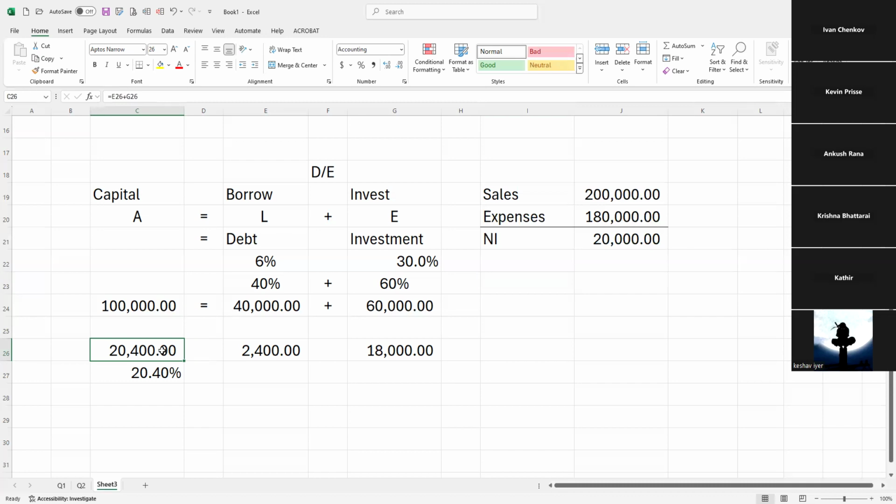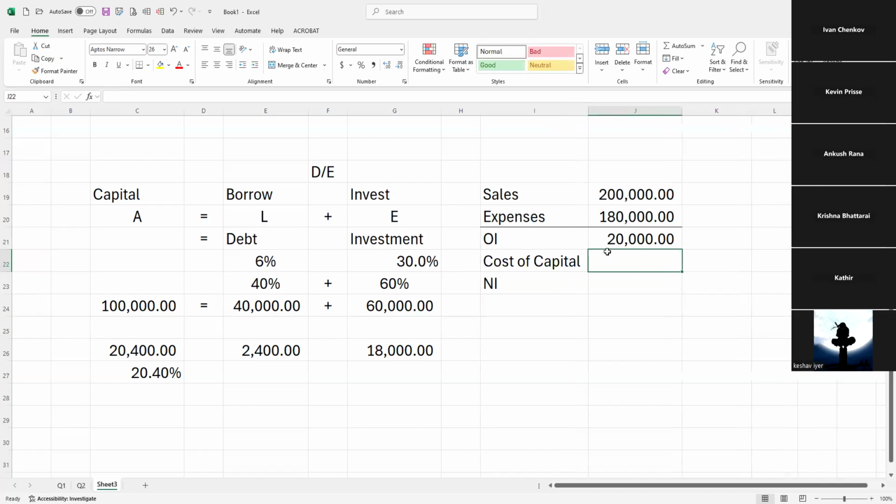Yes, Professor. So now the question is, how much net income do you want? Because after the operating income, you have to pay the cost of the capital, which you already know.